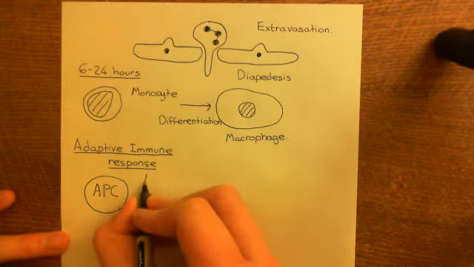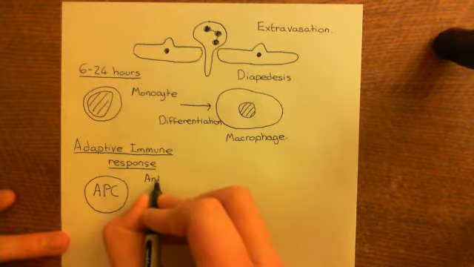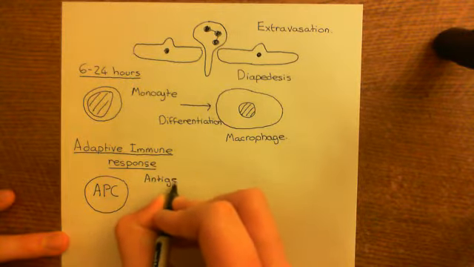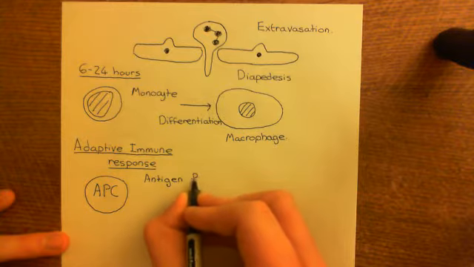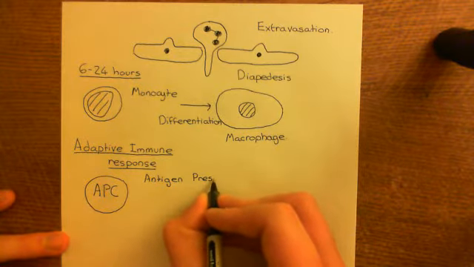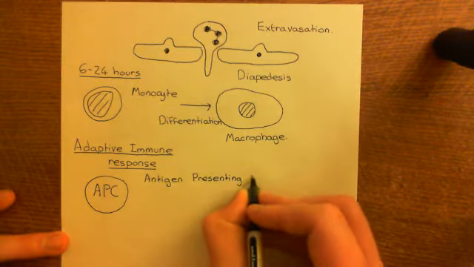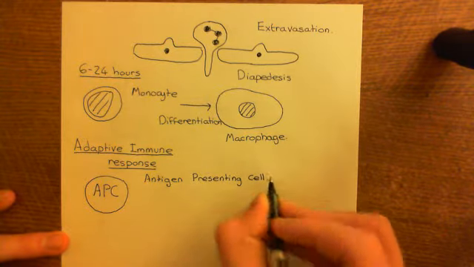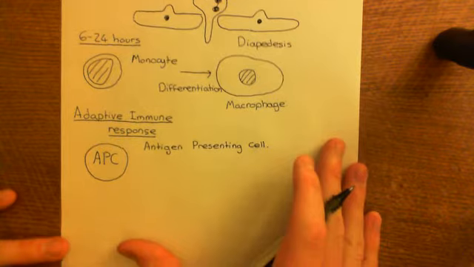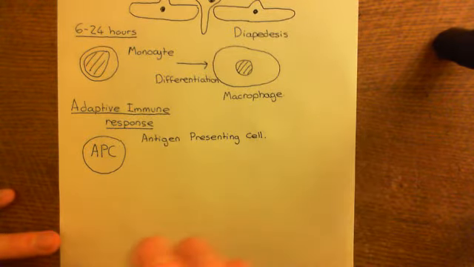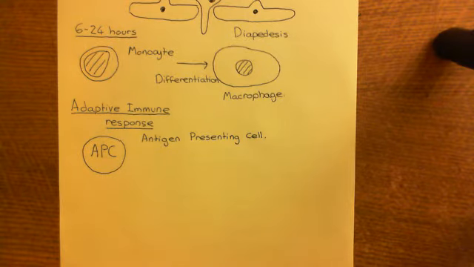APC stands for antigen presenting cell, and these are usually dendritic cells or macrophages. Dendritic cells are the main antigen presenting cell which is going to initiate the adaptive immune response, and these are going to take antigen which they have found that is associated with this pathogen that we're trying to fight. They're going to take it to lymph nodes and present it to T cells.